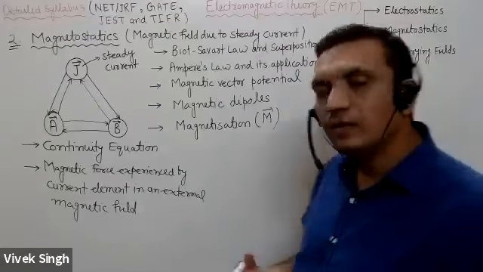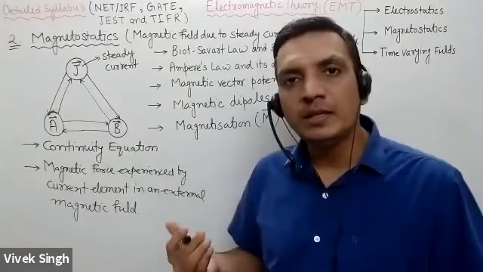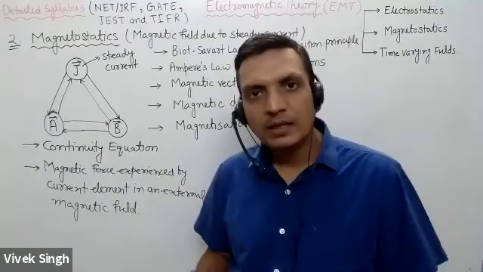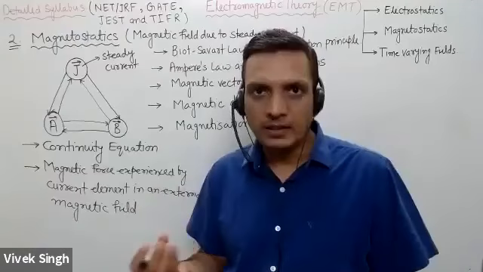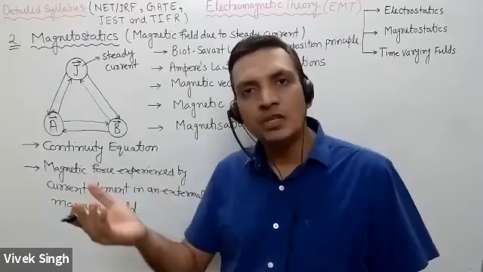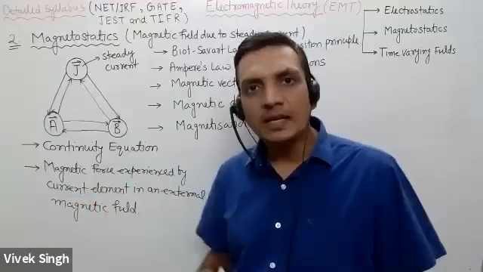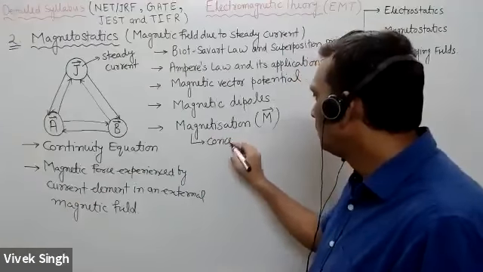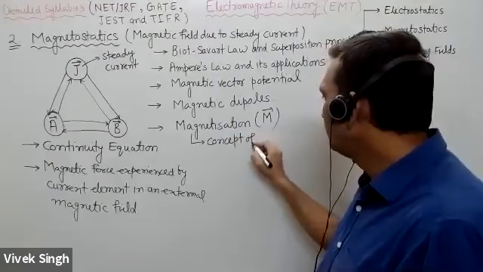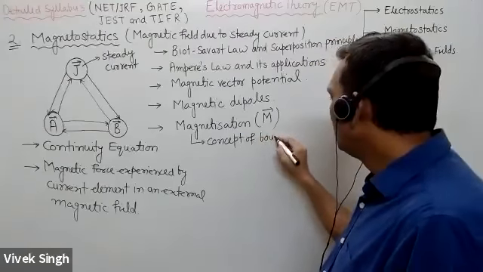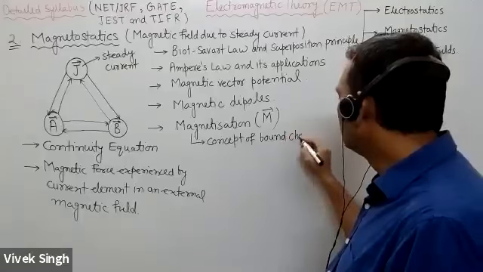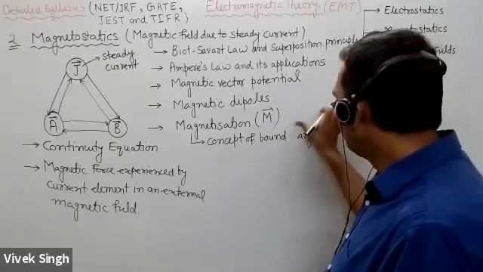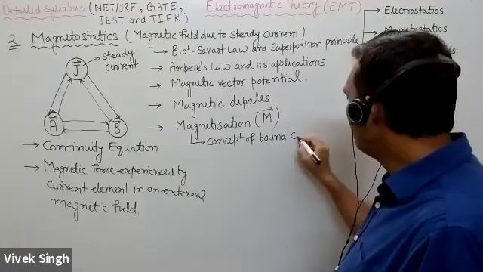You will see when a magnetic material is placed in an external magnetic field, it gets magnetized. And we will talk about bound currents. In polarization, we will discuss bound charge. In magnetization, we will talk about the concept of bound current, not charges.